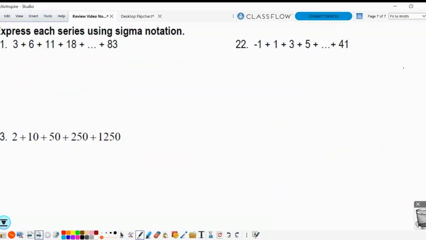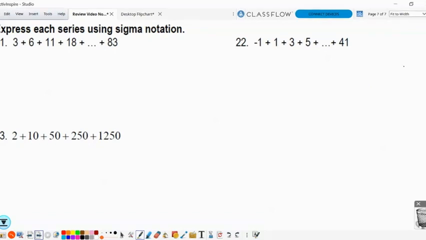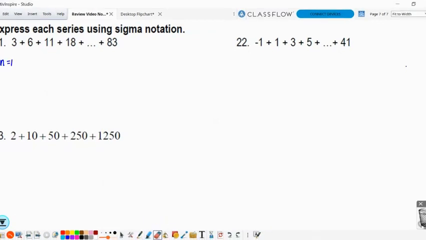In our next three questions, we'll be taking a series and turning it into sigma notation. When we're expressing using sigma notation, we're going to see if we have an arithmetic series, if we have a geometric series, or if not.